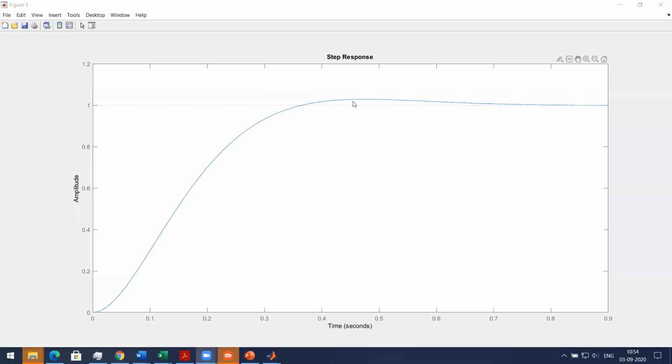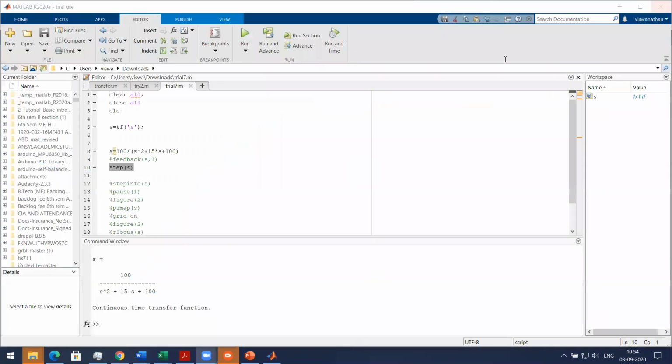Around that you get the peak here. Is it correct? Yes, sir. The percentage overshoot should also be correct. Just check that. Okay. So this is the step response.